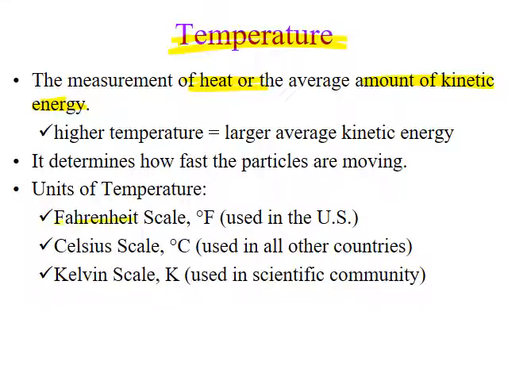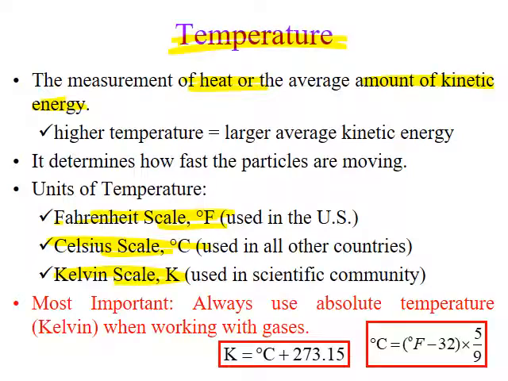Remember, it can be measured in Fahrenheit, degrees Celsius, or Kelvin. The important thing here is that whenever you're dealing with gases, the unit of temperature you always use is Kelvin. Whenever you're working with gases, the only way to predict the behavior of a gas is to work in temperatures of Kelvin.